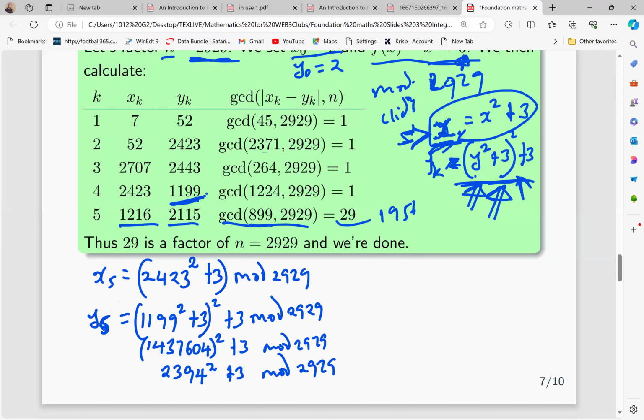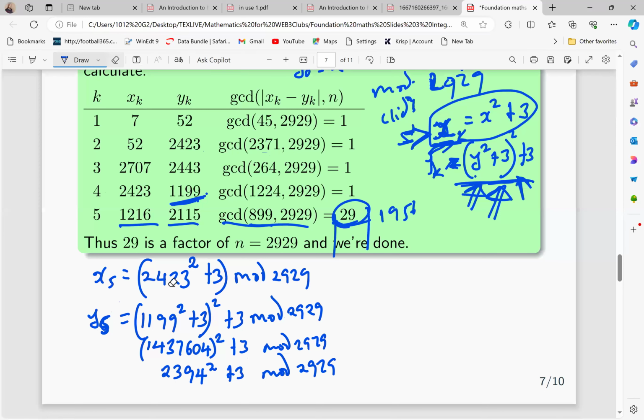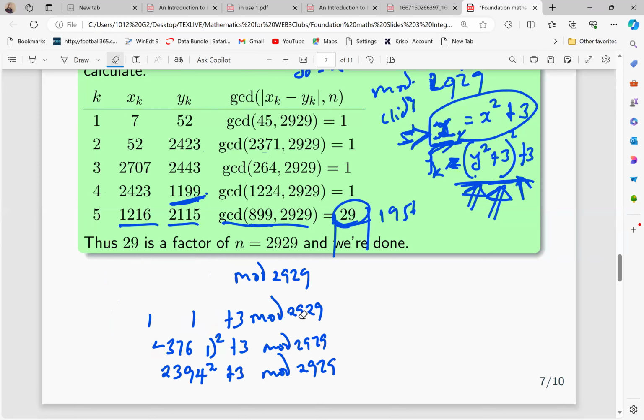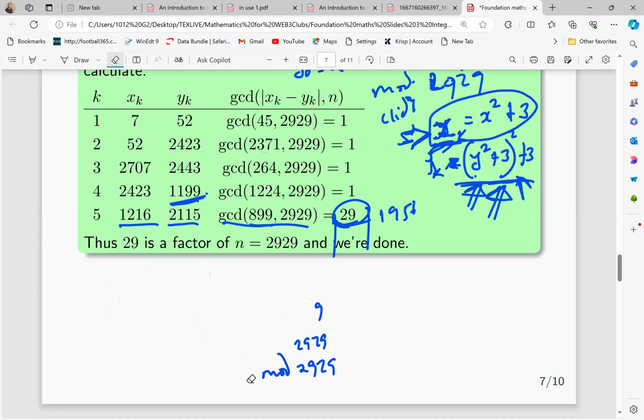This GCD gives us 29. This is the first time we've gotten a value that is not 1. Therefore, this value is a factor of n. 29, therefore, is a factor of n. If you want to get the other factor, you divide n by 29.